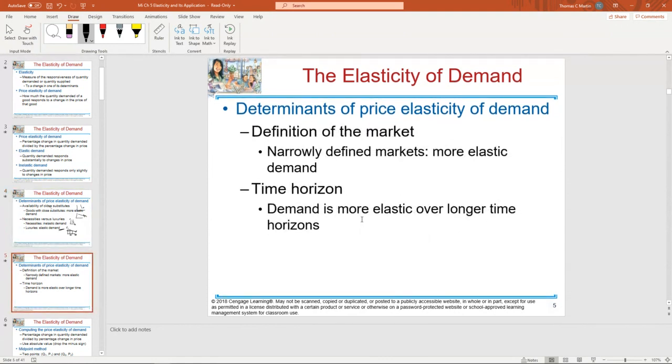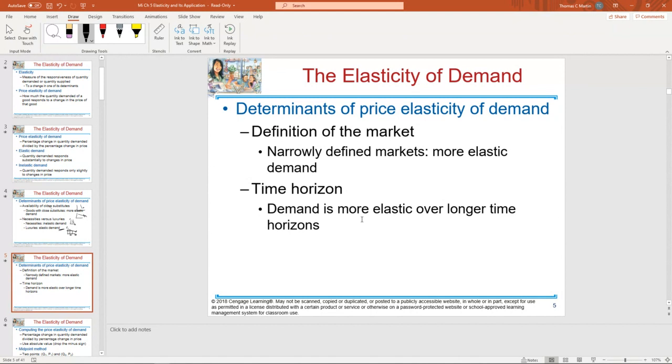Now, if we narrowly define a market, if we just say food, that's a broad market, just saying food. We'll be talking peanut butter and jelly sandwiches or filet mignon. It's food.